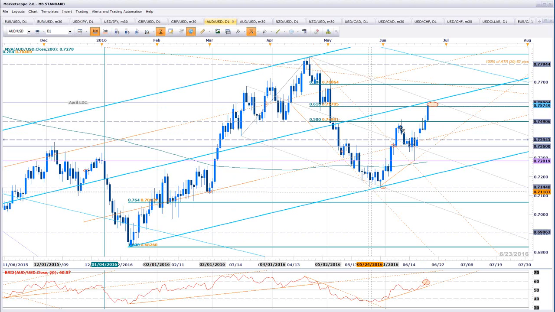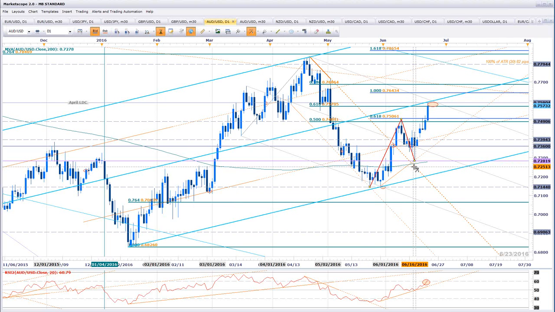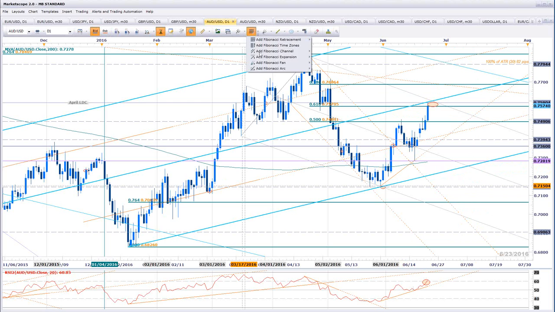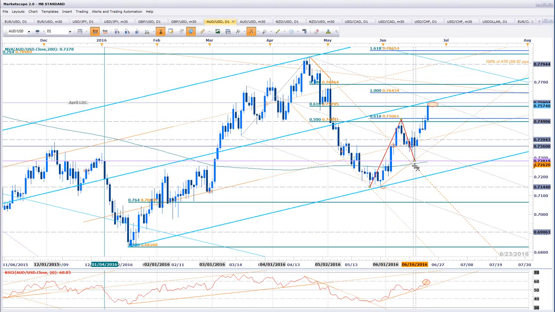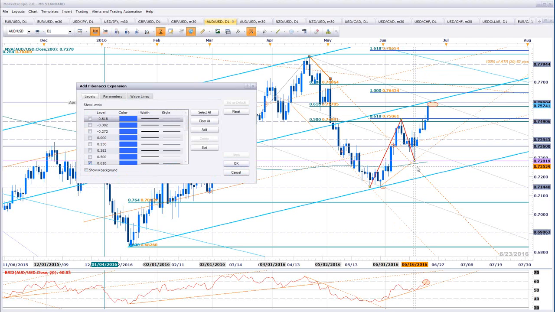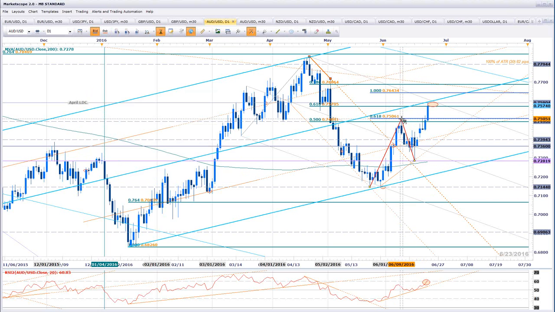And I also just want to check this. Give me one sec. Okay. Actually, yeah, I'm going to use this extension because if you take a look, the 618 caught that high even more so with some clarity than that 50.